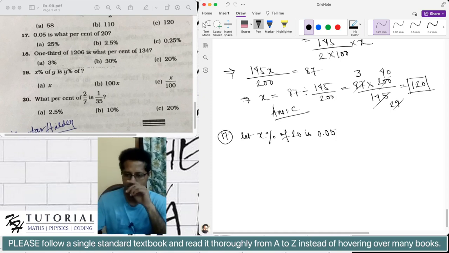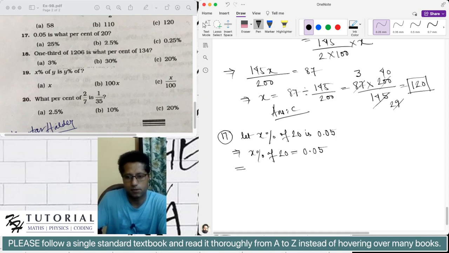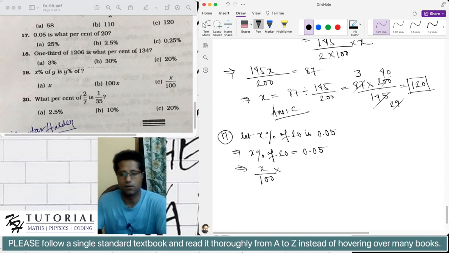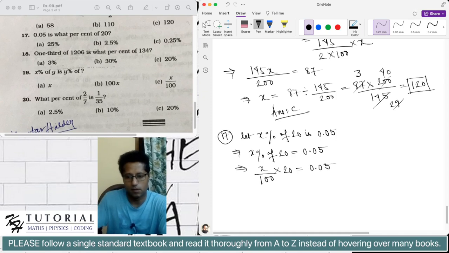So we have x percent of 20 is 0.05. x percent means x by 100 and the of operator means multiplication. So x percent of 20 means x by 100 multiplied by 20 is equal to 0.05.